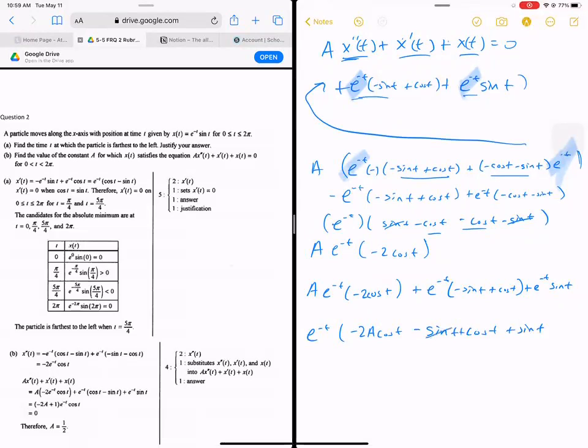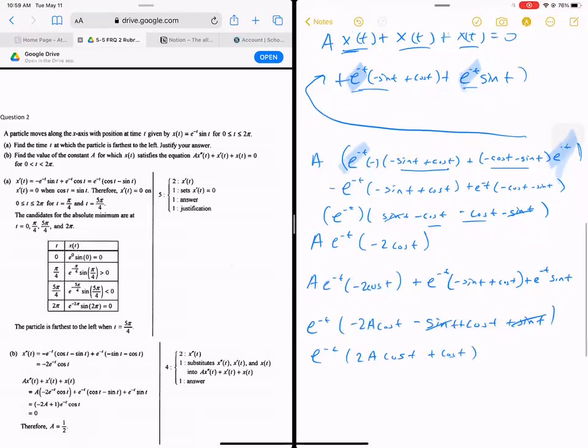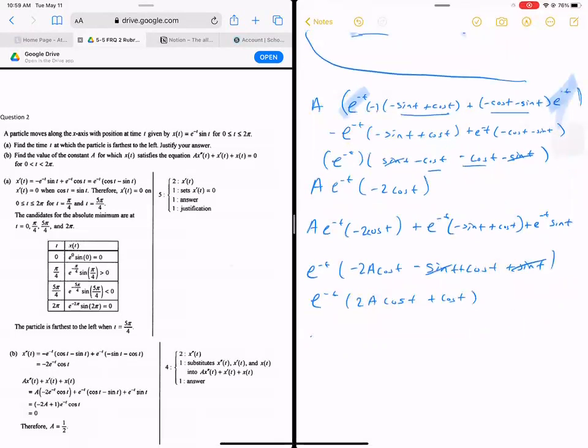The sines cancel out. Now we're left with e to the negative t times (negative 2a cosine of t plus cosine of t). We can factor out the cosine: e to the negative t, cosine of t, left over negative 2a plus 1. Oops, I lost my negative.